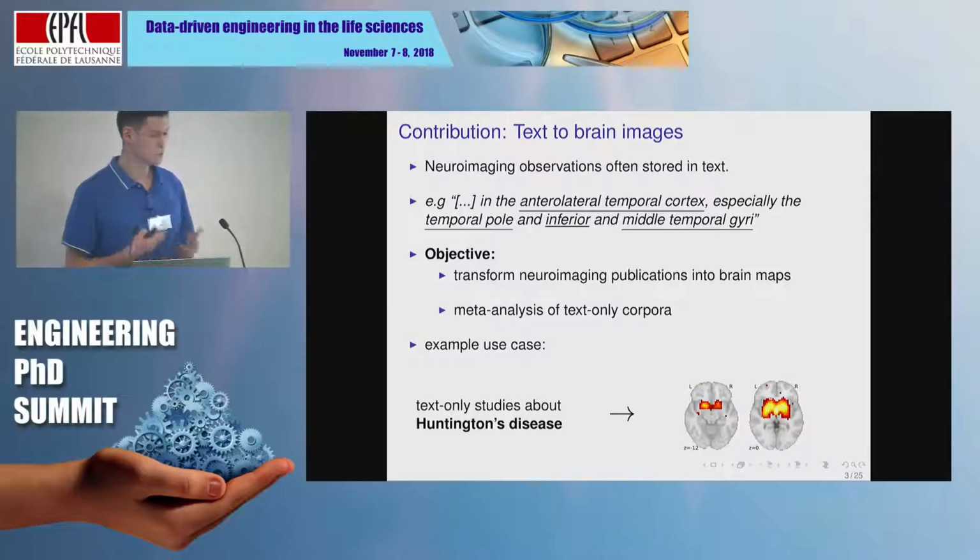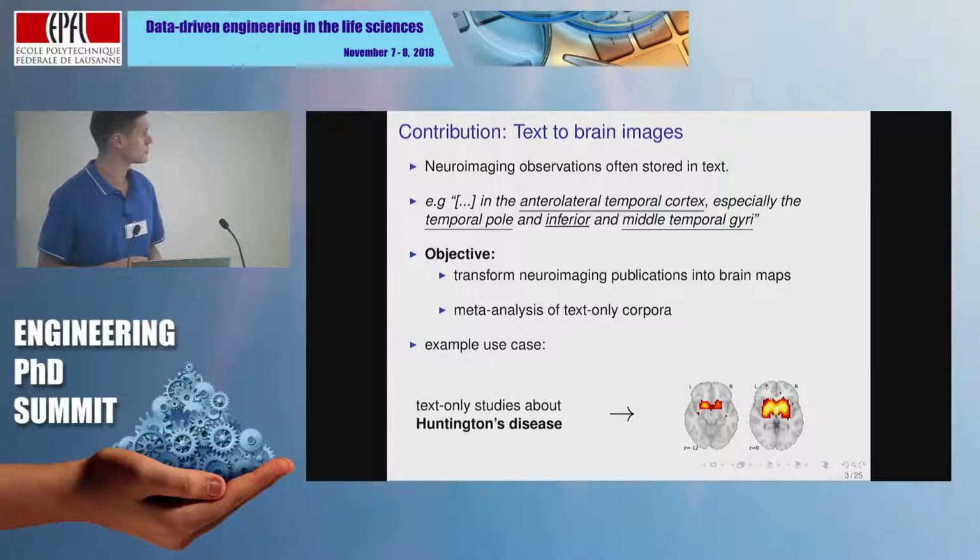So we want to study spatial information that's contained in many neuroimaging articles. And one important difficulty is that although these studies rely on neuroimaging techniques, most of the time the actual images are not published. They are not made publicly available to protect the anonymity of participants or for many other reasons.